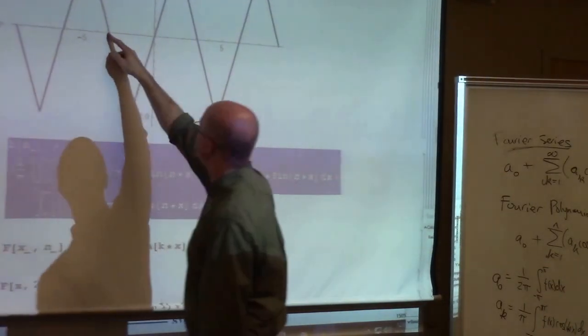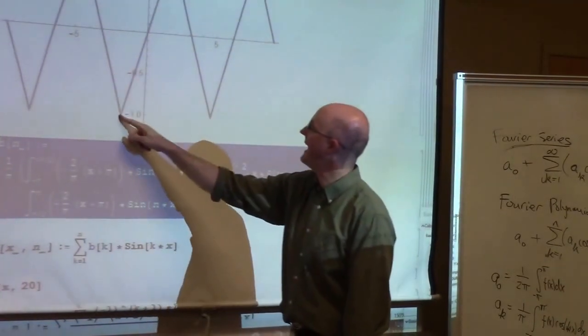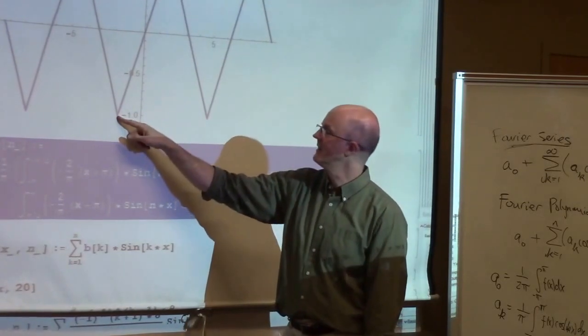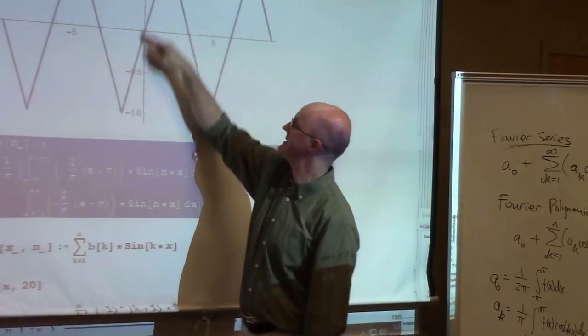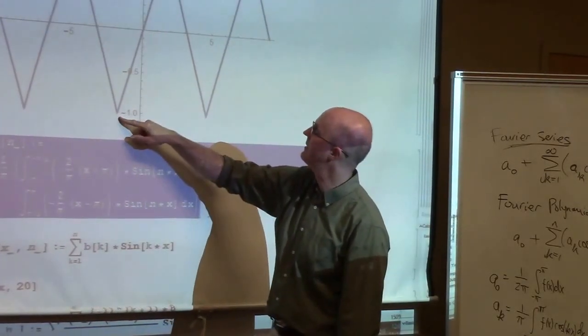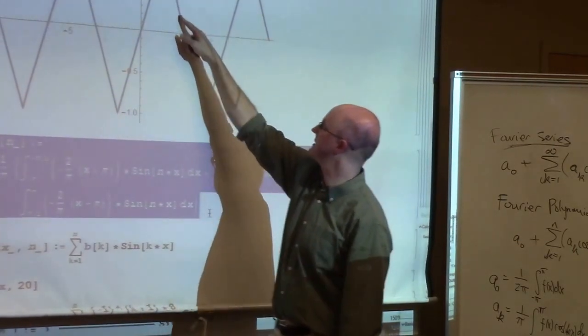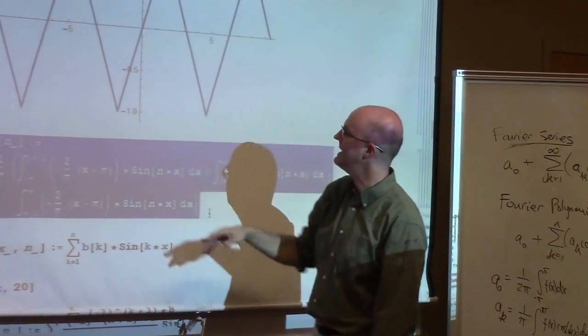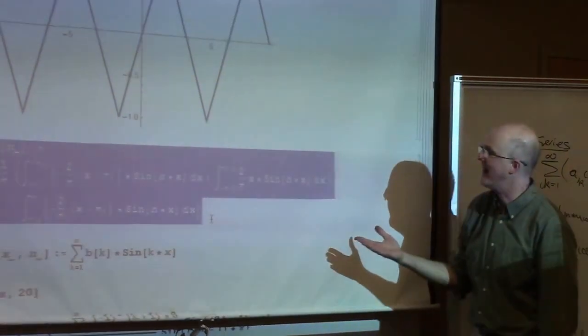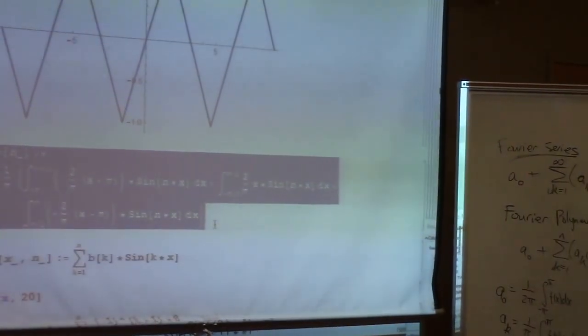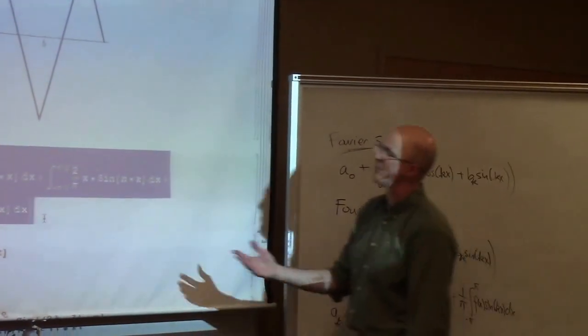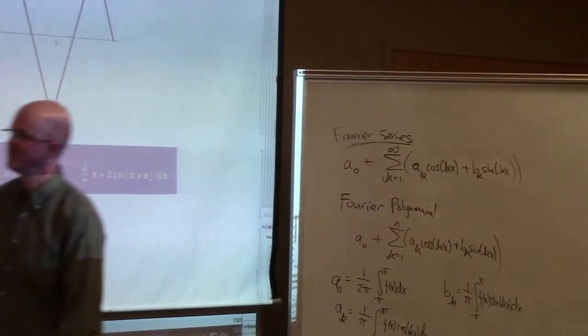It's got one formula when x is between negative pi and negative pi over 2. Another formula for this piece of the graph when x is between negative pi over 2 and positive pi over 2. And another formula for this piece when x is between pi over 2 and pi. So to do it based on this formula here, you see the 1 over pi in front, I had to break the integral up into pieces.